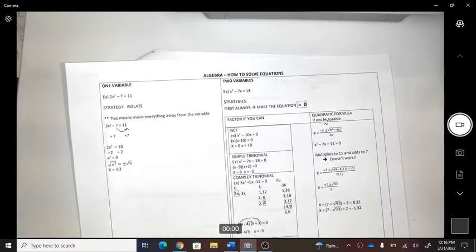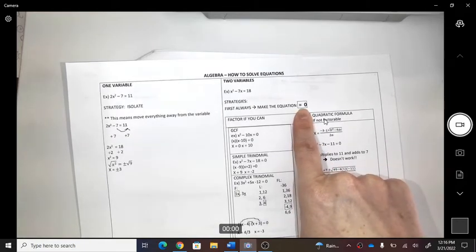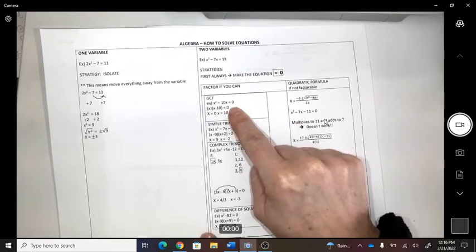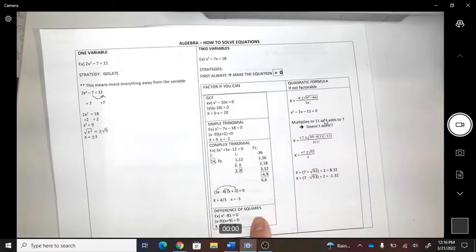Remember, if you have two variables, the very first thing before you even try anything is to get a 0 on one side, right? Then we said, once we have the 0 on one side, we look to factor. So we knew we had a GCF, simple trinomial, complex trinomial, or difference of squares. Okay, those were our factoring types.